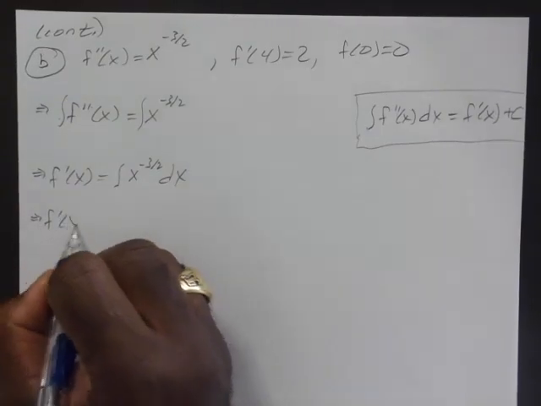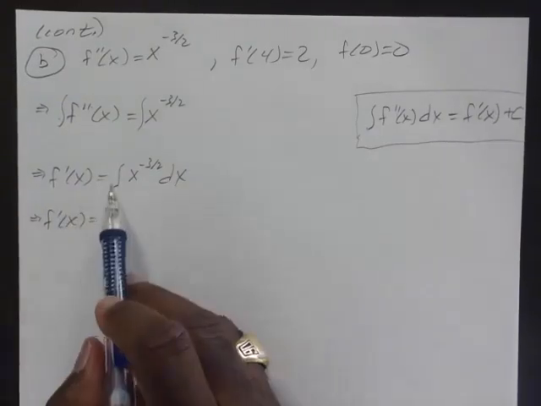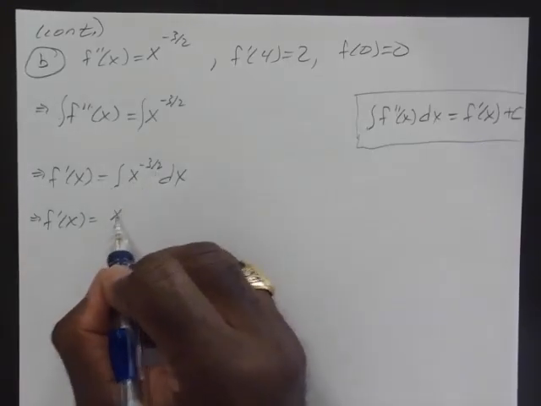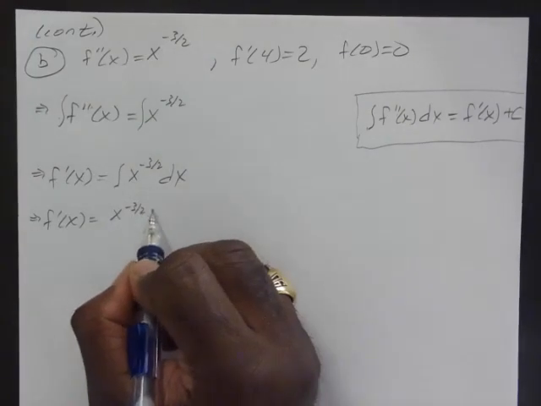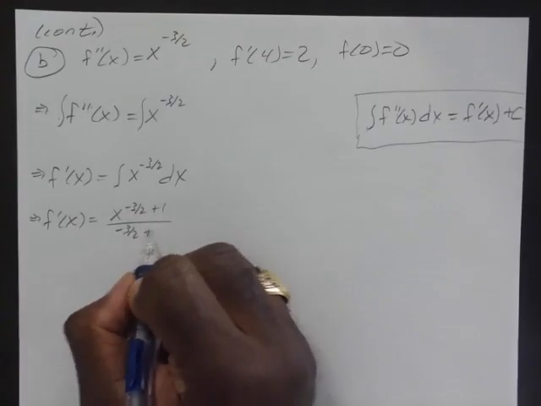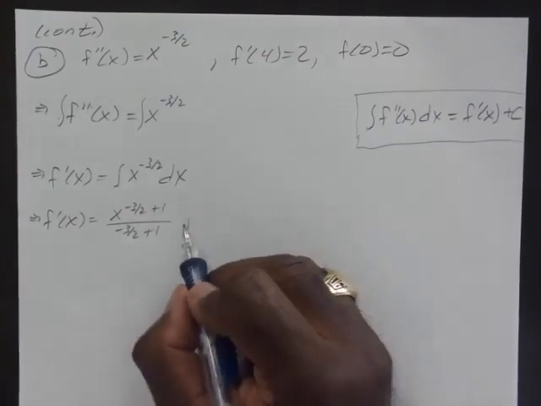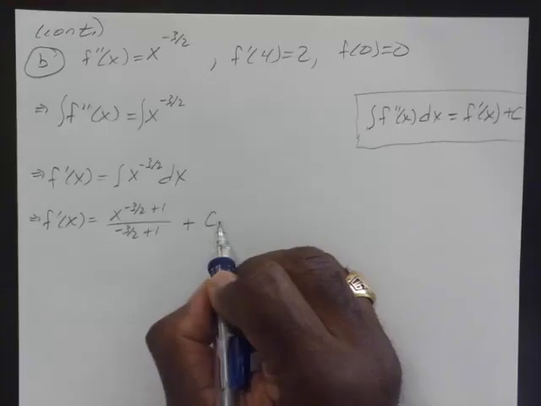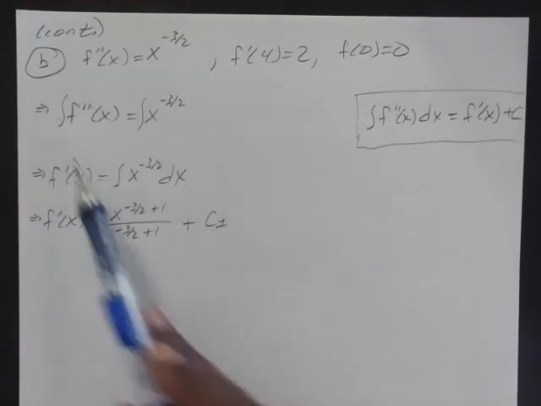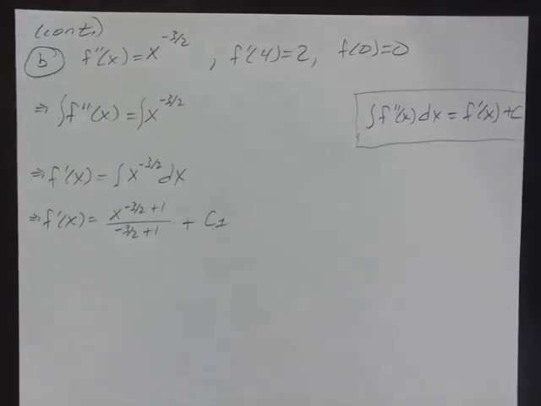So we know f prime of x is equal to, and the antiderivative of x to the negative 3/2 power is x to the negative 3/2 plus 1 divided by negative 3/2 plus 1. Plus our constant, we'll call it c number 1, but only because when we do the antiderivative again, we'll have another plus c. So we can't have them all called c because they could be different values. So we call it c number 1 and c number 2.